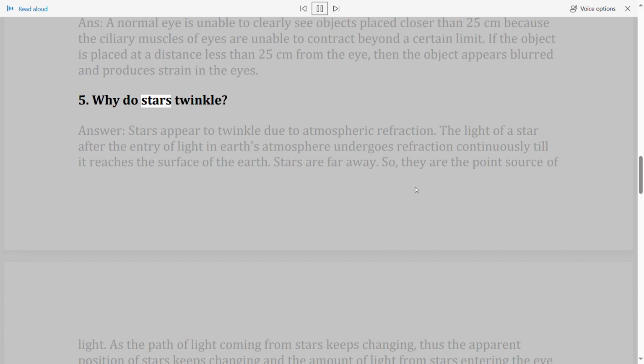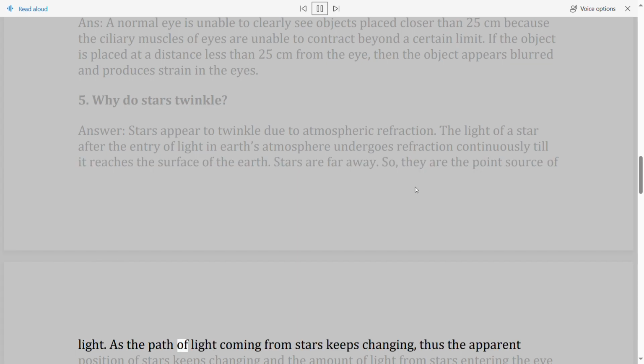5. Why do stars twinkle? Answer. Stars appear to twinkle due to atmospheric refraction. The light of a star after the entry of light in Earth's atmosphere undergoes refraction continuously till it reaches the surface of the Earth. Stars are far away, so they are the point source of light.